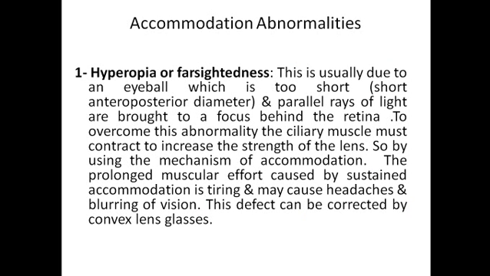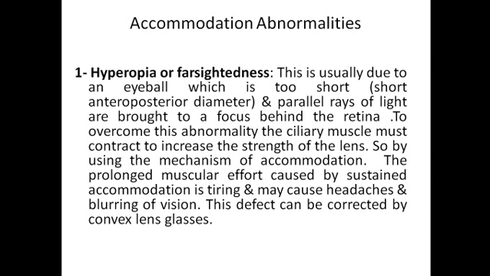First, hyperopia or hypermetropia or farsightedness, all synonyms of the same thing. This is usually because the eyeball is too short in anteroposterior diameter, or the lens is not so flexible, so that the parallel rays of light are brought to a focus behind the retina.